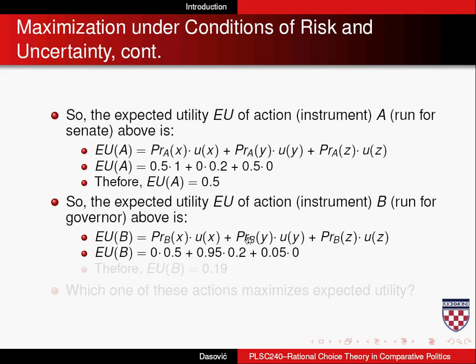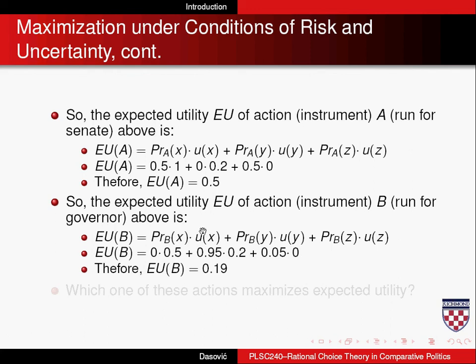Plus the probability of being the governor by running for governor is 0.95. Remember, we saw that given opinion polls, he was almost assured of winning. That is times the value of that to him, plus the probability of being out of office, which is the inverse of this, times 0, which is the value that being out of office gives to him. So the expected value of B is 0.19.